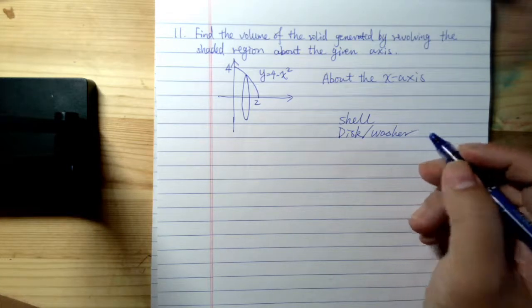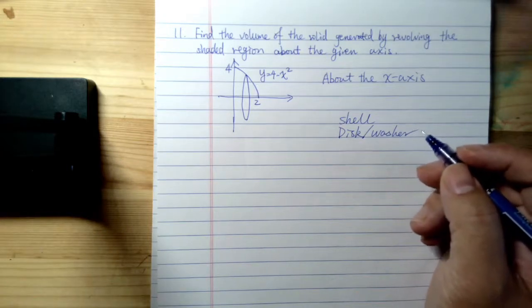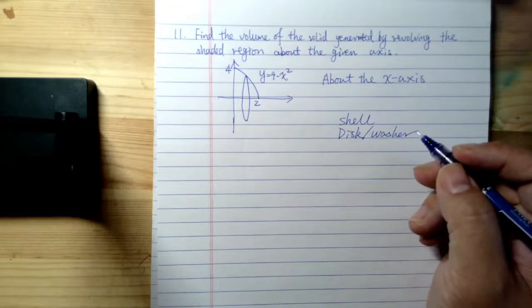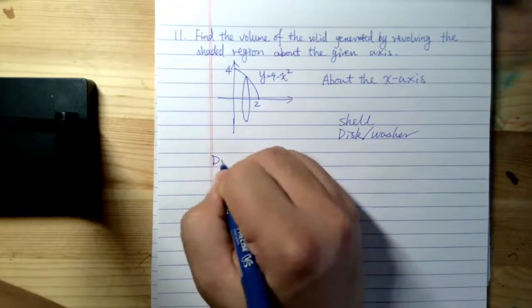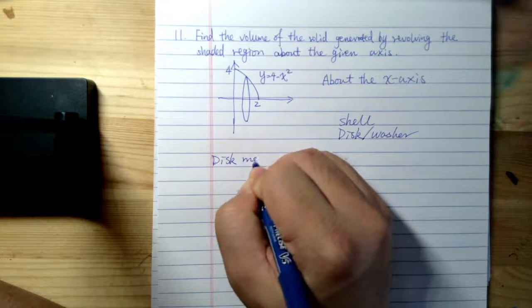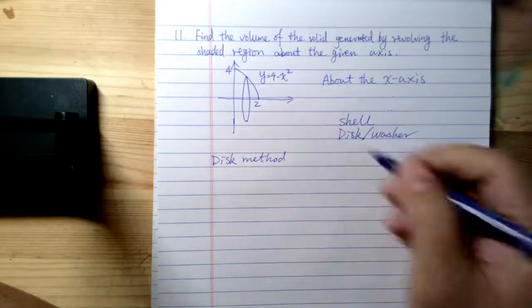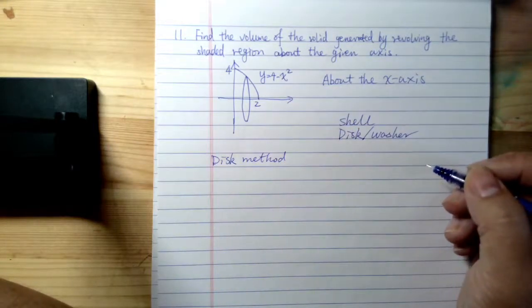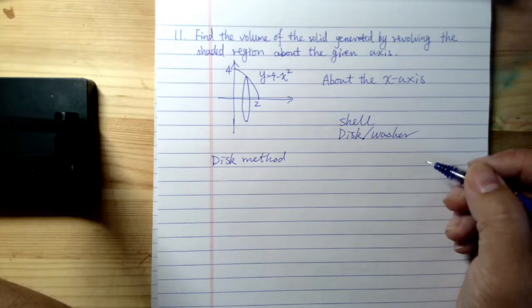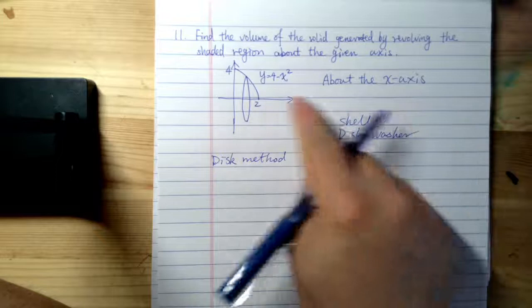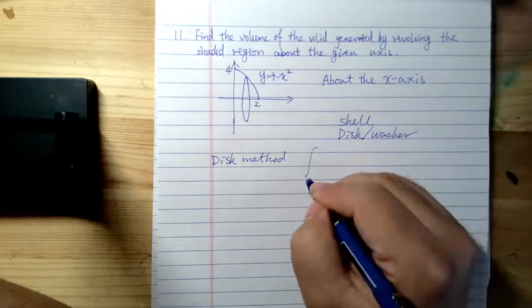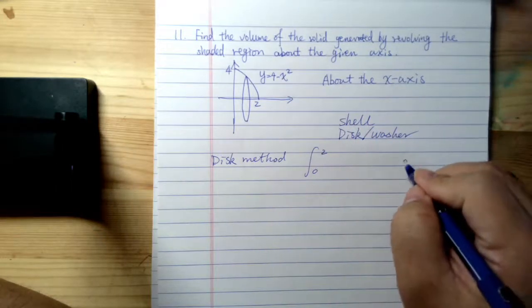And also keep in mind that when we're using the disk method, the integral will be in the same variable as the revolving axis, which is the x-axis. So our integral is going to be from 0 to 2 of something dx.